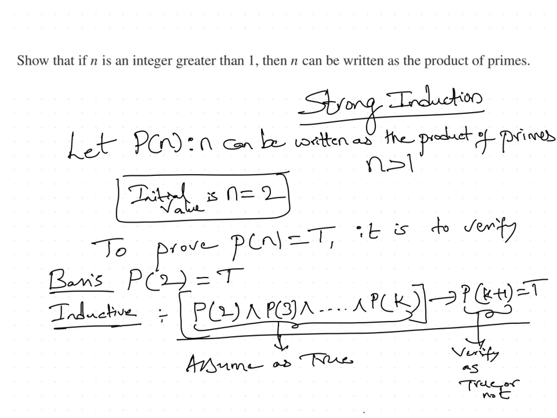If I verify this P of k plus 1 is true, then this total implication becomes true. Once this implication becomes true, the inductive step gets verified. Once the inductive step gets verified, then P of n will become true. Once P of n becomes true, then n can be written as a product of primes, as n greater than 1 has been shown.